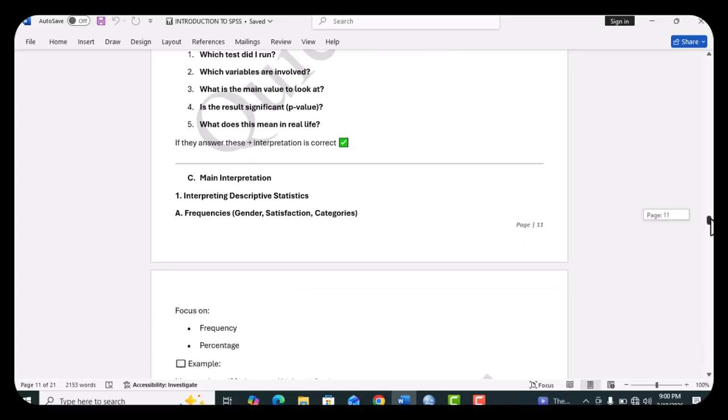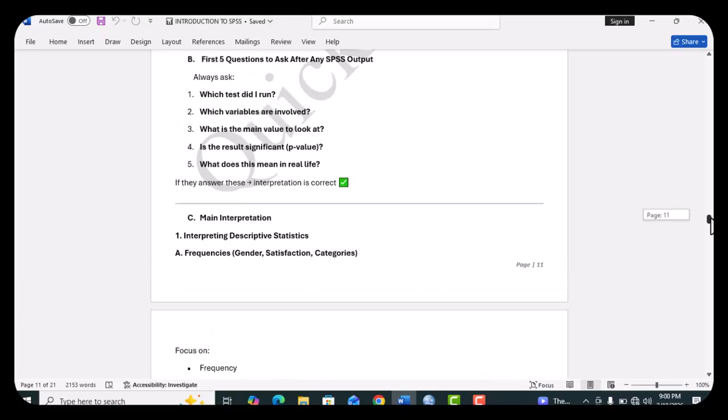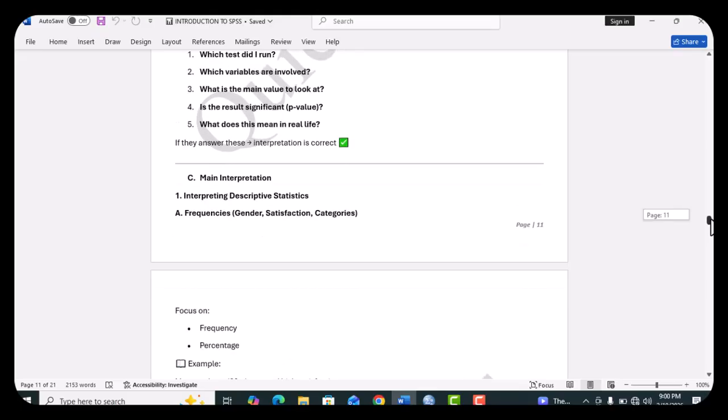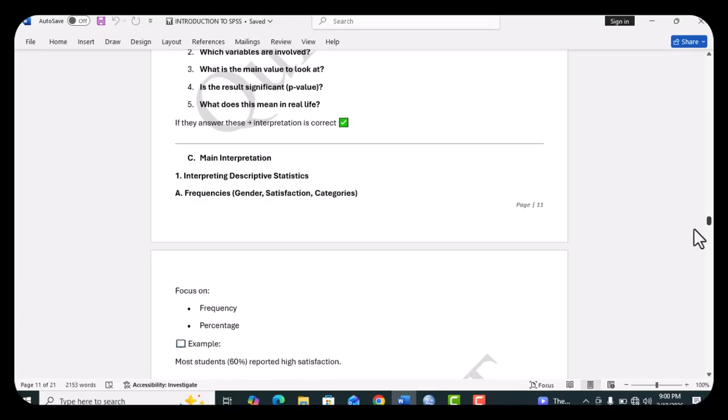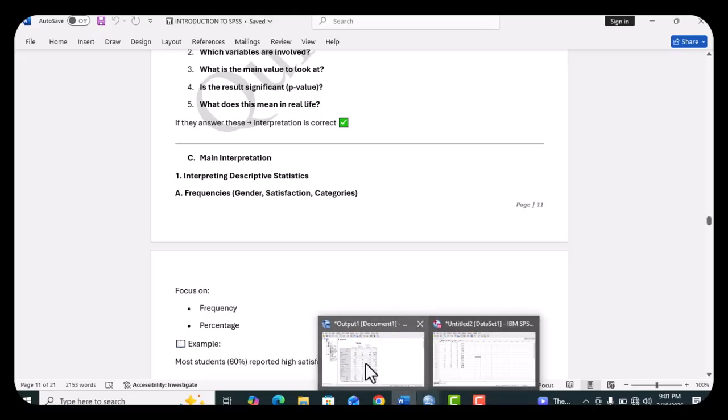So let's move on. We have the main interpretation part, which is the first one, interpreting descriptive statistics. You interpret the table that you have, and for descriptive mostly you interpret the frequency, which is the gender.